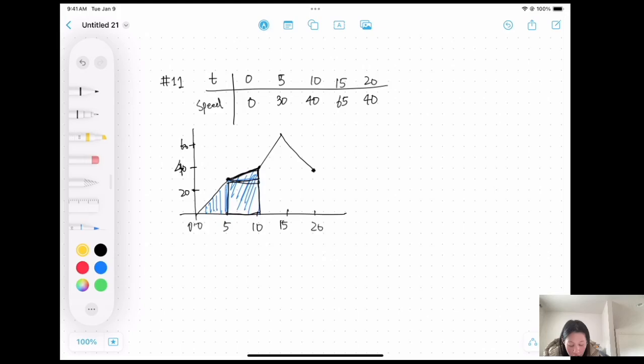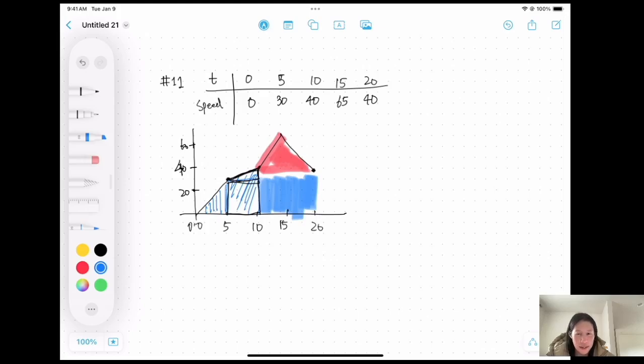And then on the top could be another triangle and a rectangle, which is this part. Either way you can find the area. So starting with drawing a graph, that's the hint for number 11.